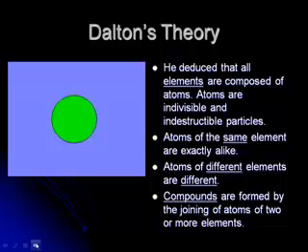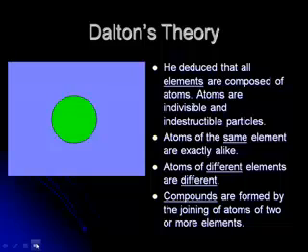I think it's similarly listed in your book. Please note that I want you to be familiar with what is in Dalton's theory, to the extent where if I gave you a list of statements, you would be able to pick out which ones were part of his theory and which ones were not. I don't need you to be able to completely regurgitate this on a test, but I do want you to understand the basics of what was in his theory.